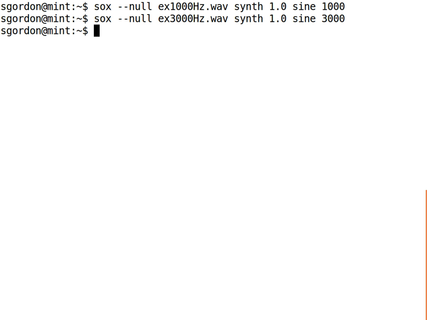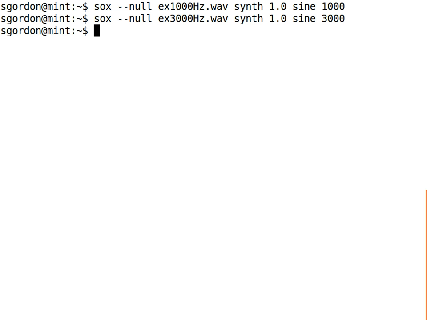But note there's one thing different: the second component has a peak amplitude which is 1/3 of the first component. So if we say the peak amplitude here is 1, this one is 1/3. So when we mix them together, we need to reduce the peak amplitude of the second component.